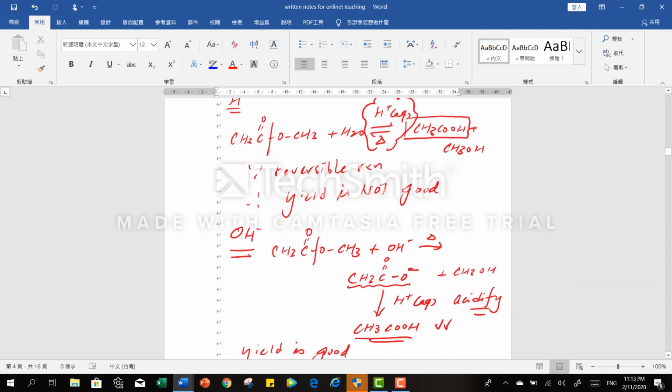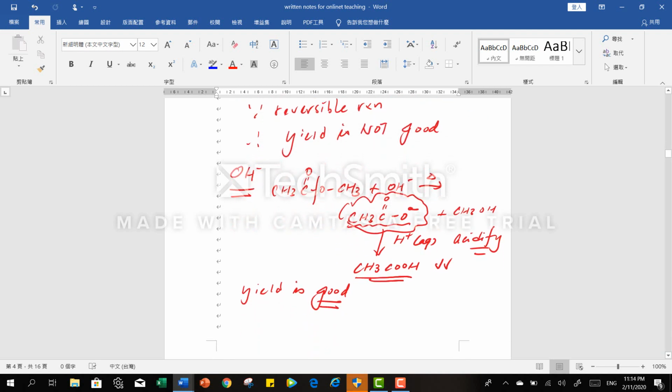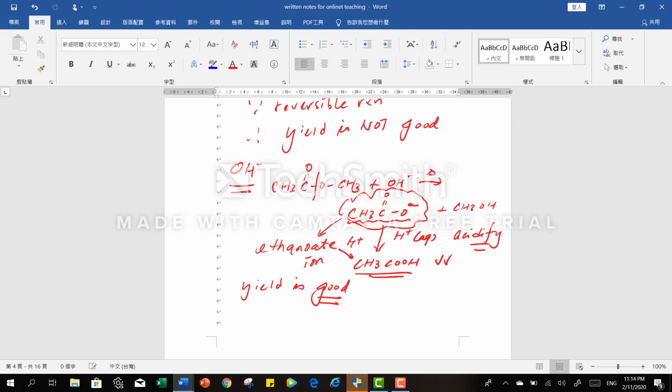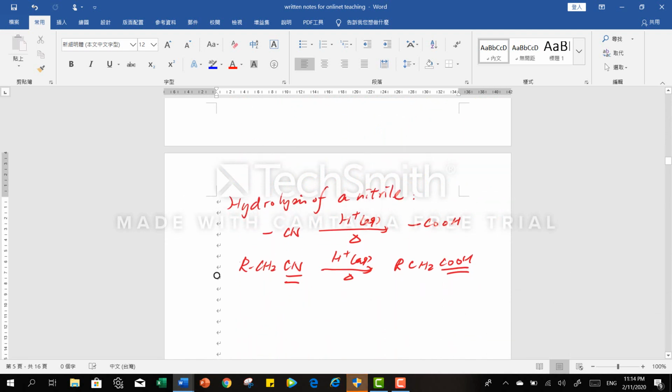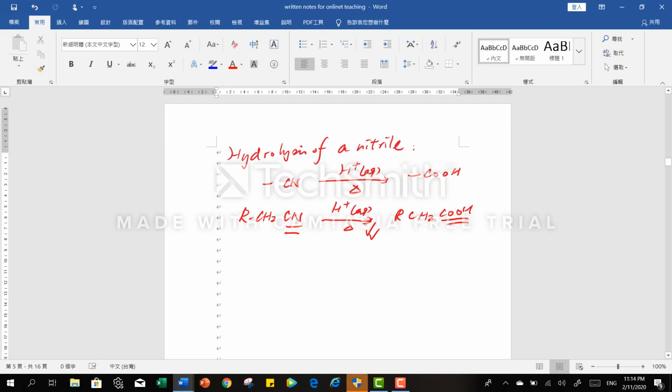And then you can also consider alkaline hydrolysis, but instead of getting the carboxylic acid directly, you will have to acidify at the end to turn the salt, the carboxylate ion, this is ethanoate ion, right? Into ethanoic acid by adding a few drops of acid, okay? If you don't like this method, you can simply use a nitrile. You just have to heat it up in acidic medium, then it becomes carboxylic acid, okay?